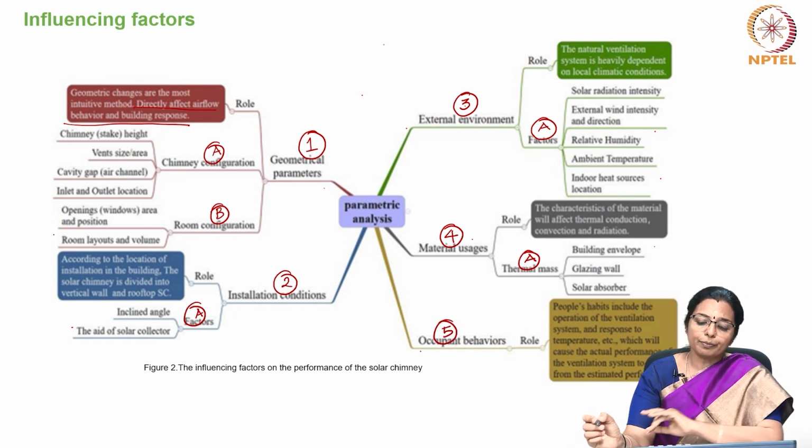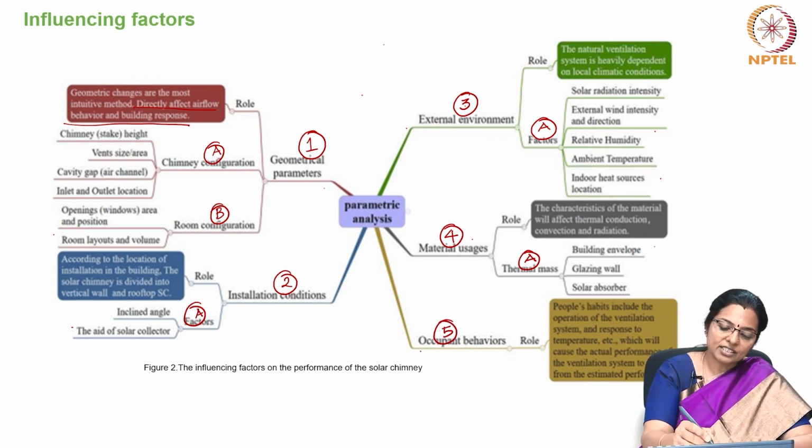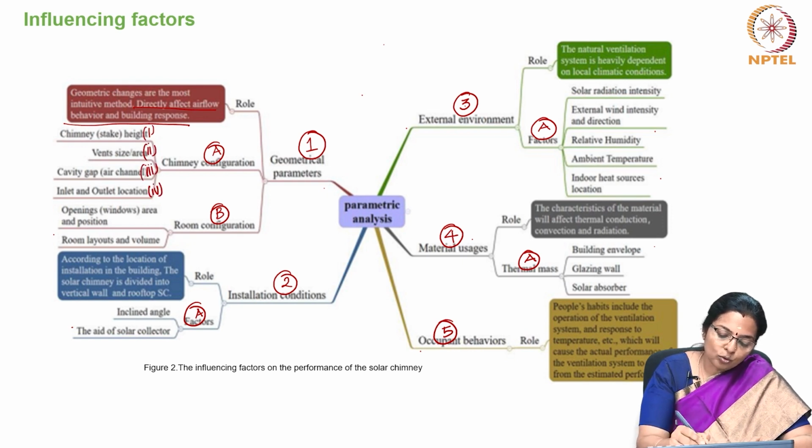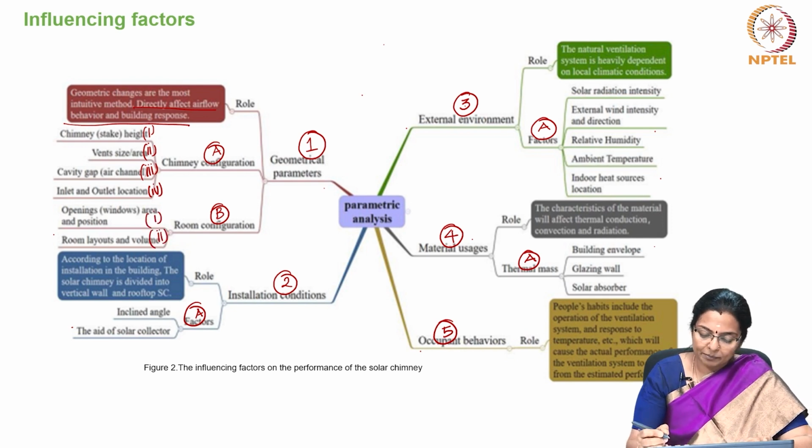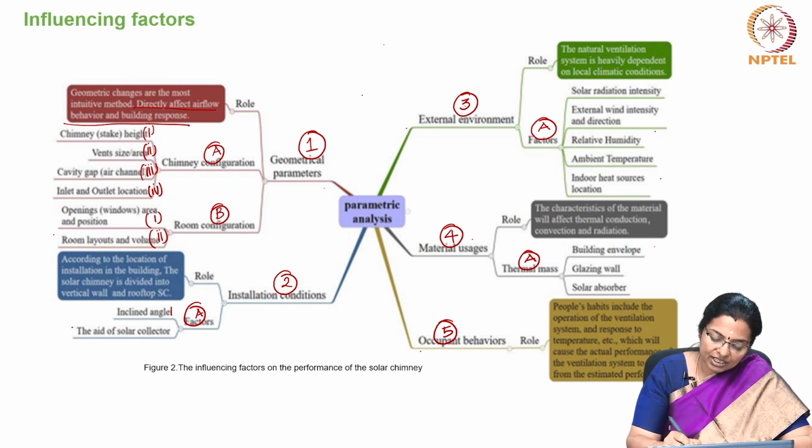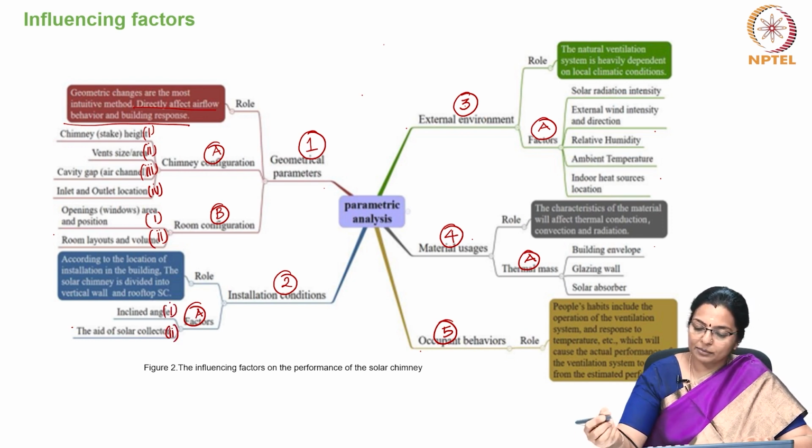So, chimney configuration comprises of these 5 aspects. And the room configuration comprises of these 2 aspects, while the installation conditions comprise of these 2 aspects.